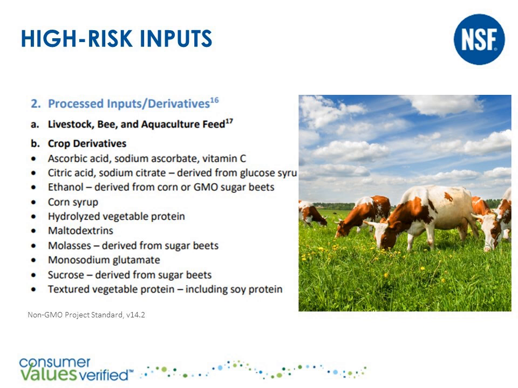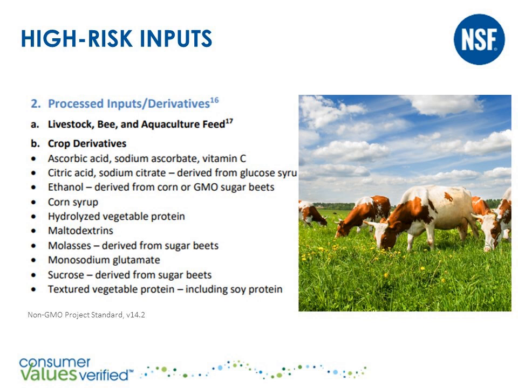Then we also talk about the processed inputs or derivatives of those high-risk materials, and compliance must be demonstrated for the high-risk source material. So this is a non-exhaustive list of derivatives with high GMO risk that are commonly used in food production. It's just meant to provide examples of materials that are considered high risk.